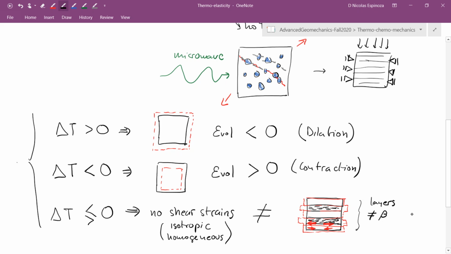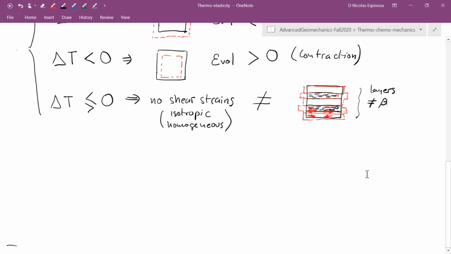Okay, so now with that convention, we're ready to get started writing the equations of thermoelasticity. First of all, what we have to do is expand our constitutive equation that relates stresses and strains. Sigma, the stress tensor, as we know, is proportional to strains through the stiffness matrix, and we're going to add now the term for temperature.